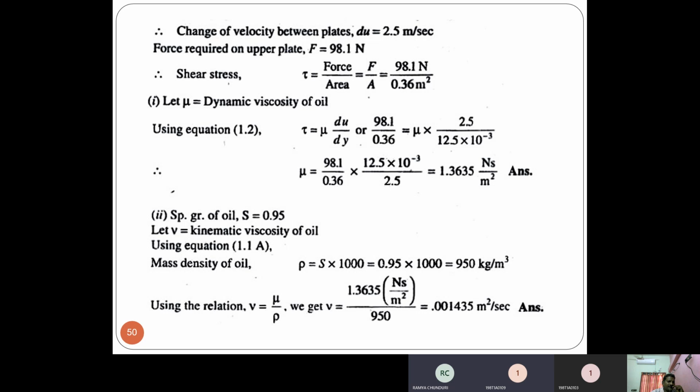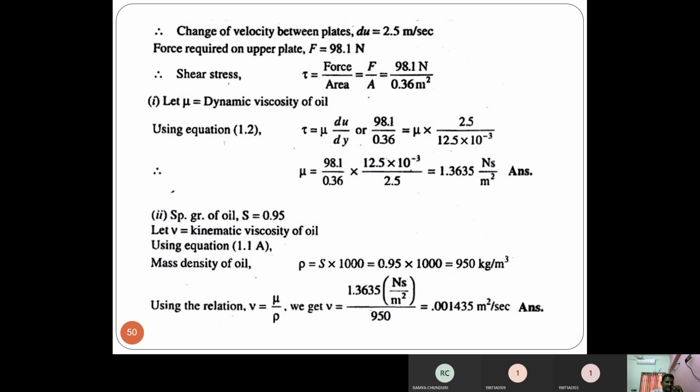Rho of oil is equal to specific gravity S into density of water. Density of water is nothing but 1000. Rho is equal to S into 1000. S is a given value, 0.95 given, and 1000 density of water is constant. So we will get 950 kg per meter cube. The density of the oil is 950 kg per meter cube.